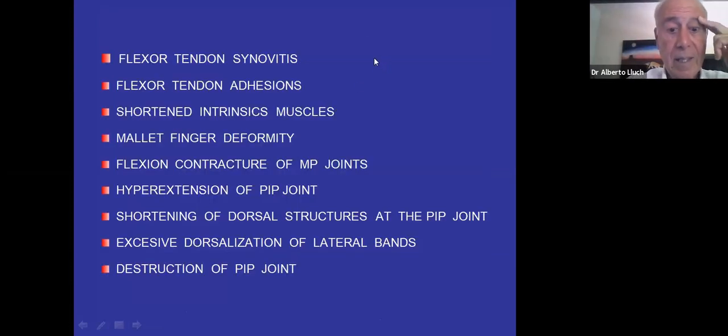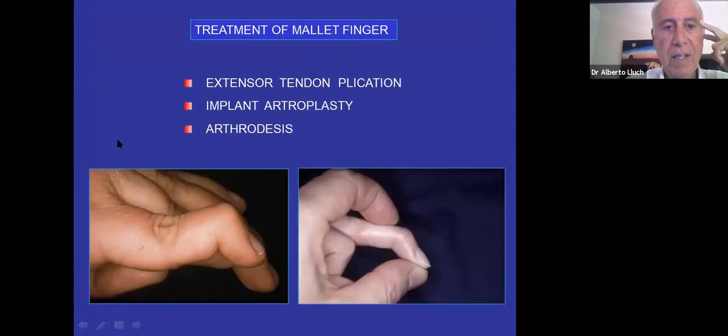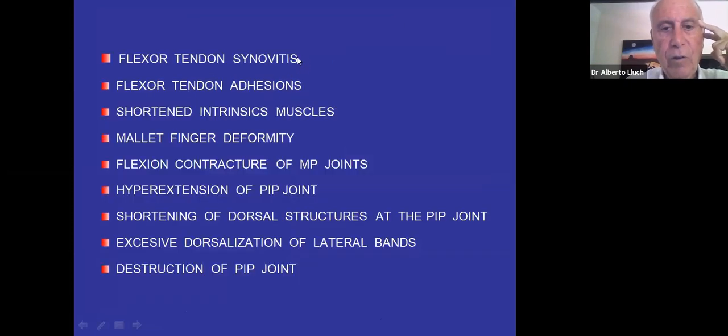So as a summary, this is all the pathology that you can see in a swan neck deformity. All these alterations, you should correct all of them. If you correct them all, you will have a good result.